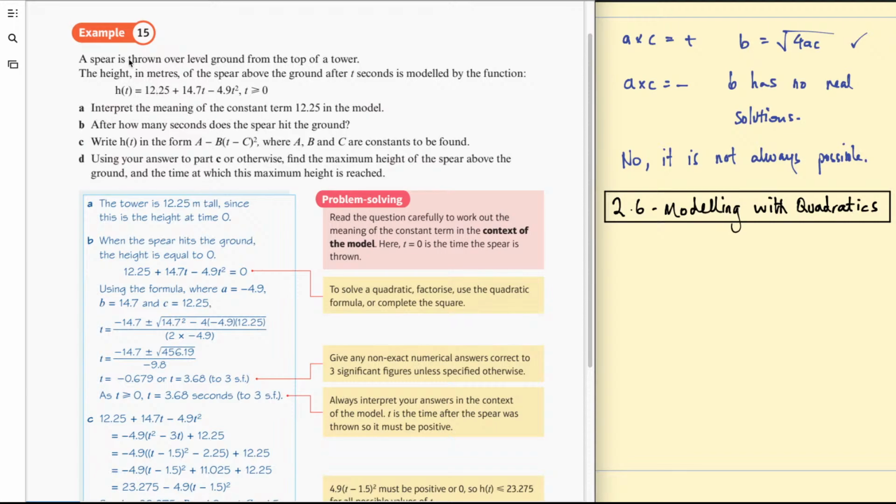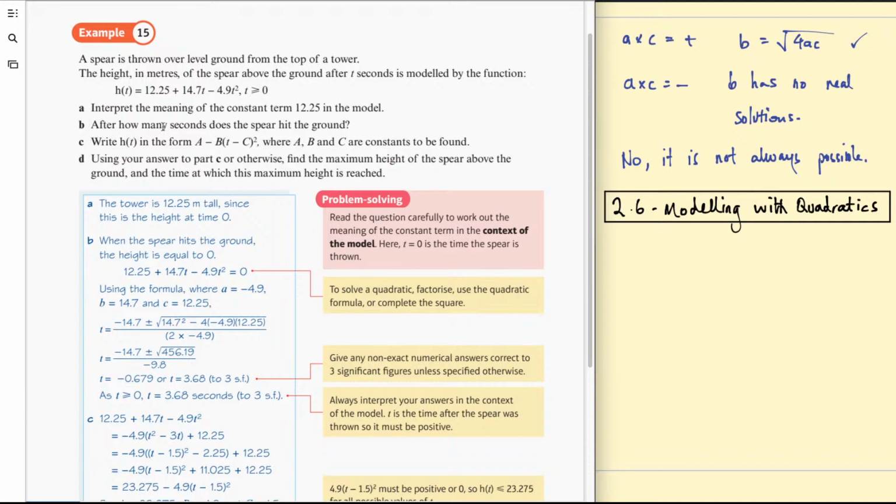So in the context of the question, the 12.25 will be the height of the tower. So here it says the tower is 12.25 meters tall, since this is the height at time 0.